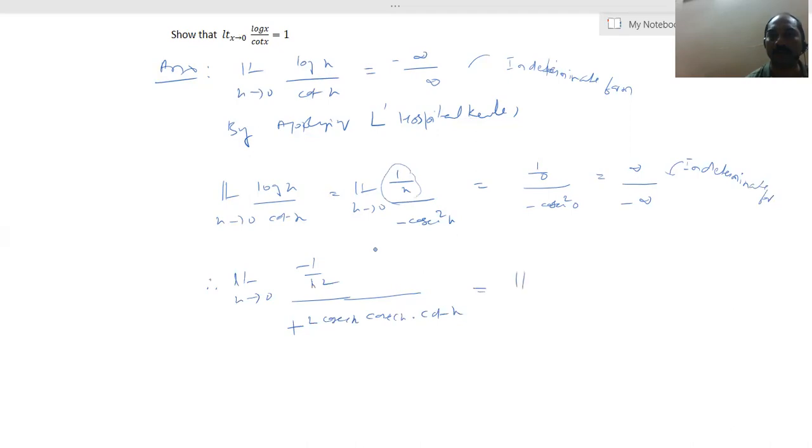The limit as x tends to 0 of minus 1 by x square over 2 times cosecant square x into cot x.